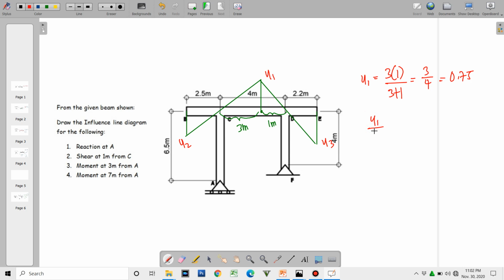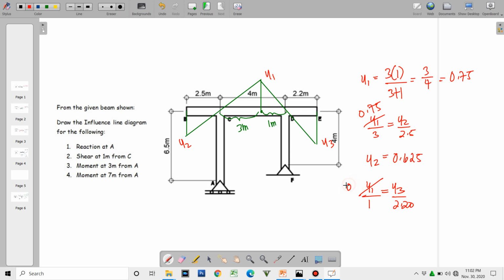y1 is to 3 as y2 is to 2.5. So we consider y1 to be equal to 0.75. Then we have that to be equal to 0.625. Similarly, we use similar triangles on y1 and y3. y1 is to 1 as y3 is to 2.2.